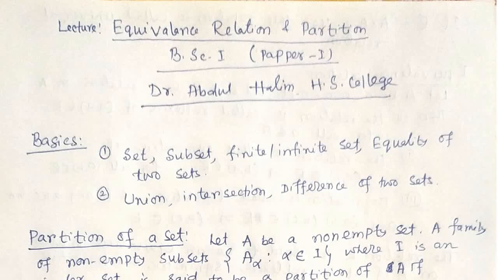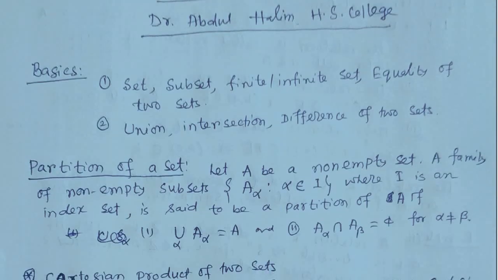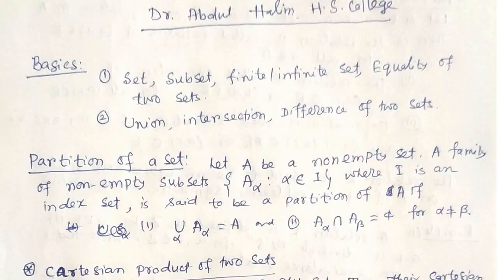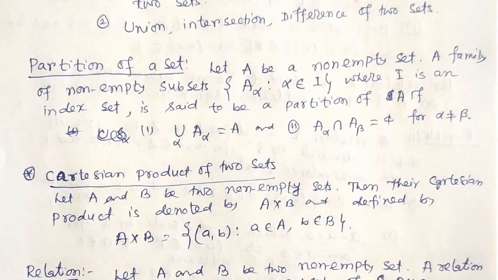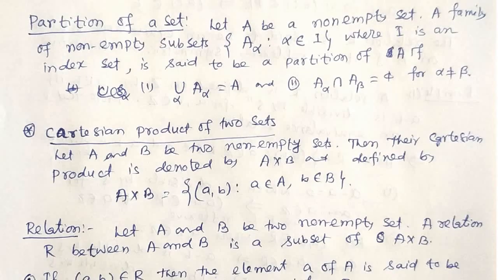Now first here I'll give the first definition, that is partition of a set. So partition of a set A is a collection of sets A alpha, where alpha belongs to some index set. The index set may be the natural numbers or maybe some other index set.